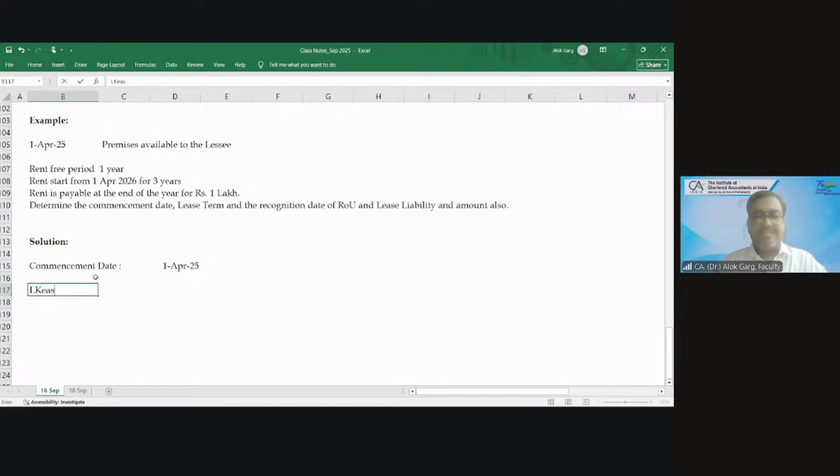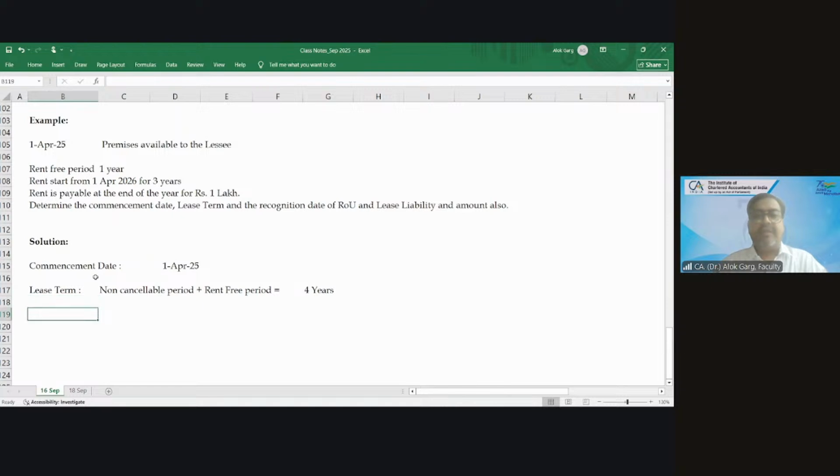What is the lease term, Neha? 5 years, 3 years, 4 years, what is the lease term? Sir, 4 years. Lease term is equal to non-cancelable period plus rent-free period. So 4 years is the lease term.